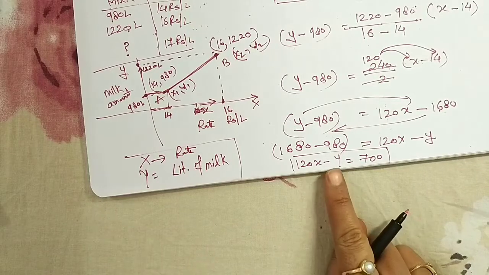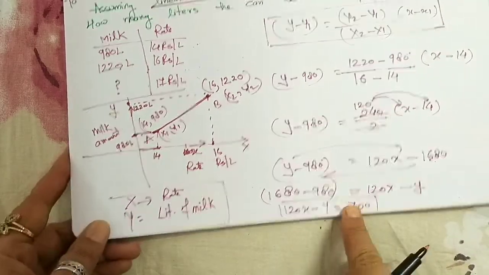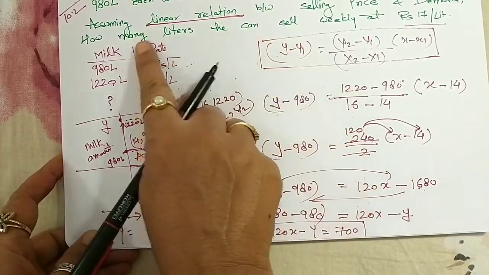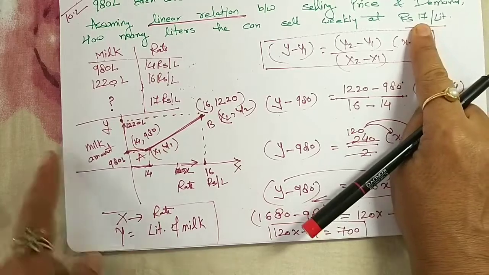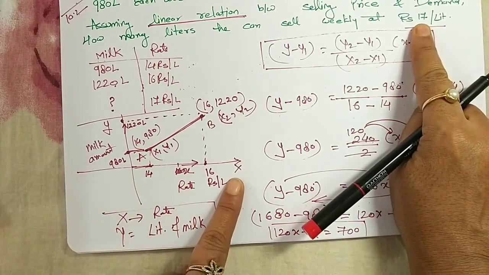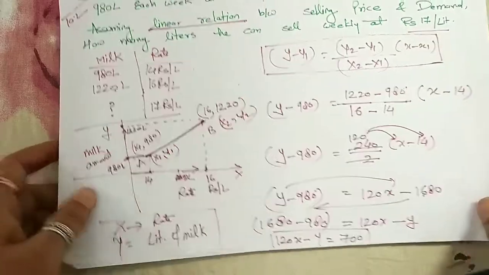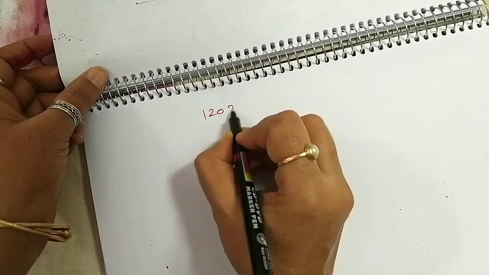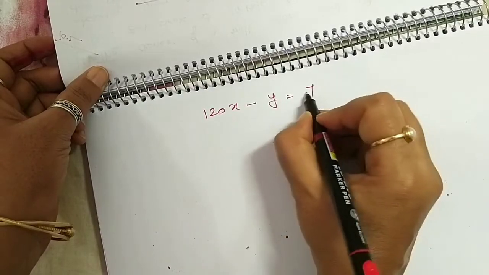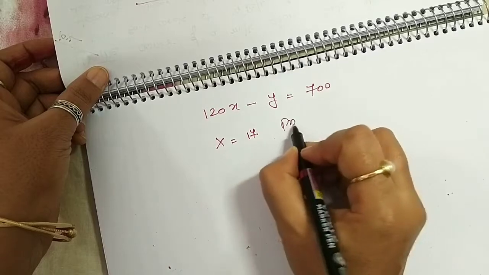Now, this is not their question. Their question is to find the liters he can sell weekly at this rupees. So rupees is x. So x given is how much? 17. So what will be y? That is our aim. The equation that I got is 120x minus y is 700. So x they have given is 17, which is the price.